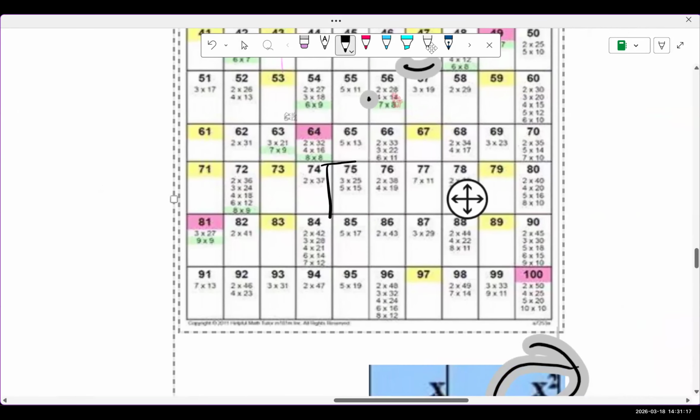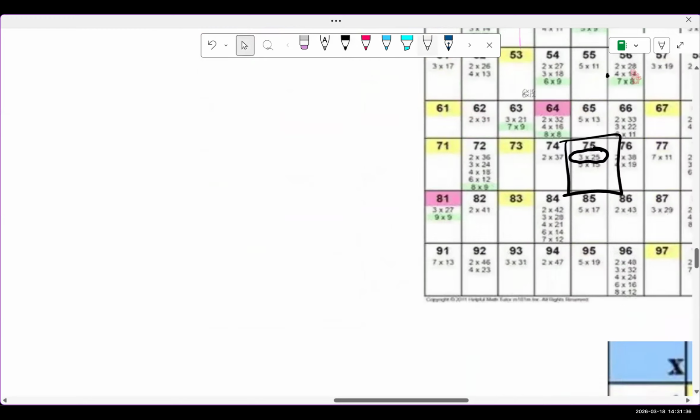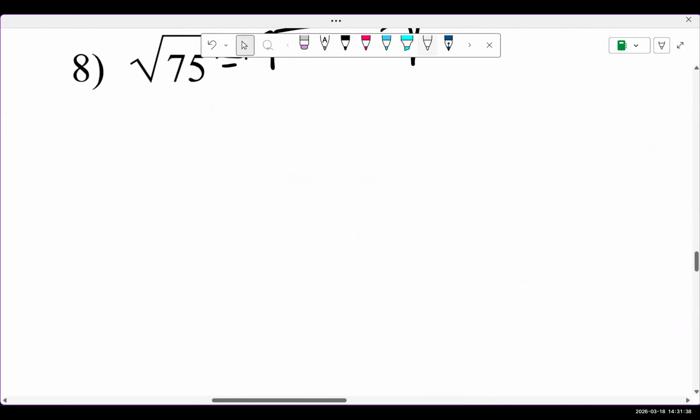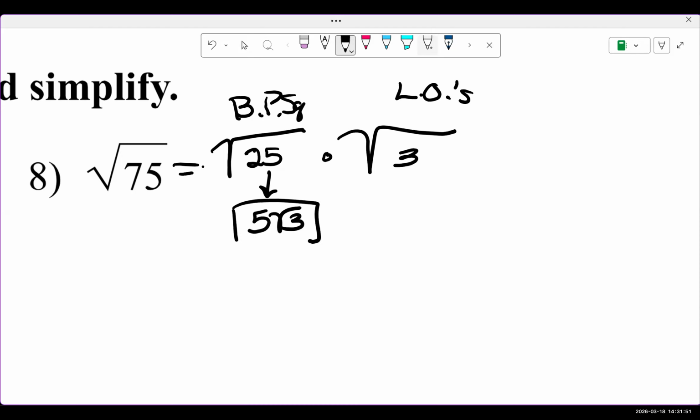Okay, here are my factors of 75. So I can see that 25 is the biggest perfect square. So I have 25 times 3 equals 75. The square root of 25 is 5. Rad 3.